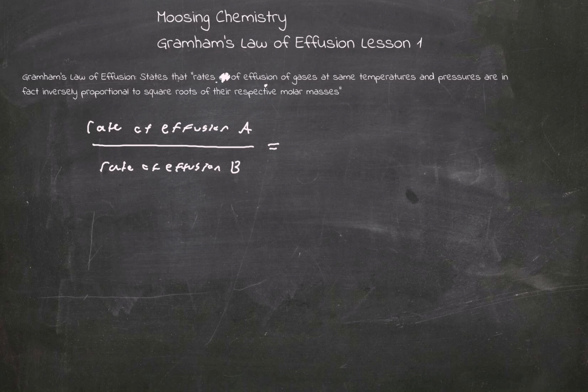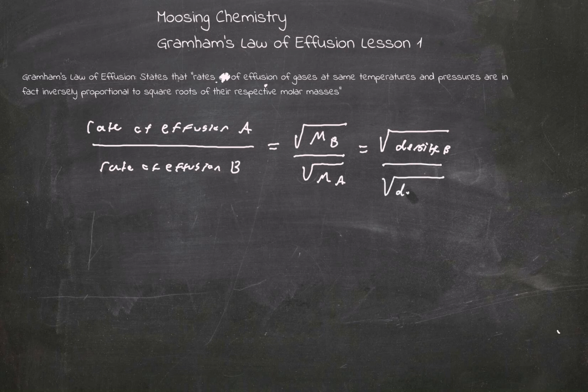So what we're going to do is take the square root of the molar mass of B over the square root of the molar mass of A. And inversely, this also means, when we're talking about density, the square root of the density of B over the square root of the density of A. We can use the density stuff later.